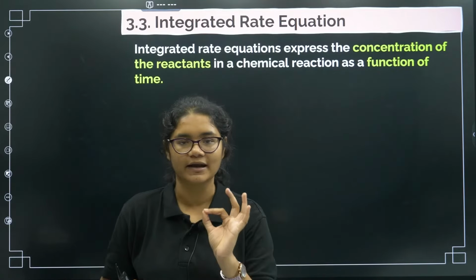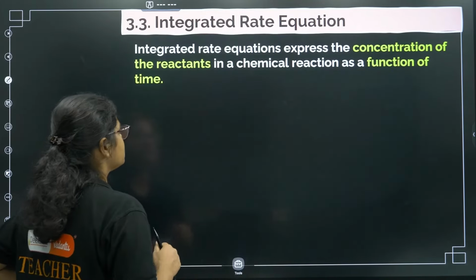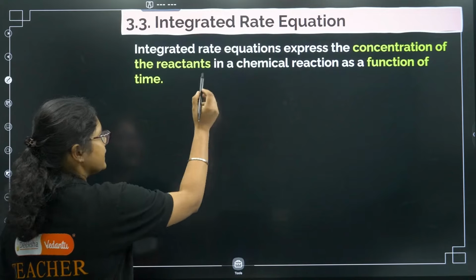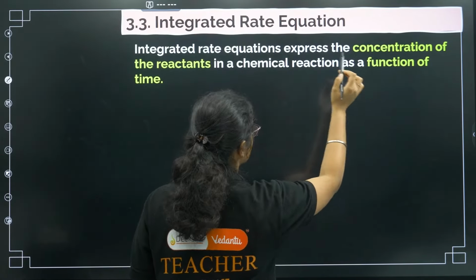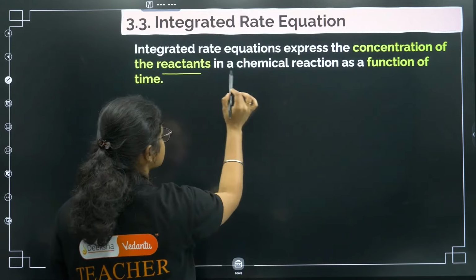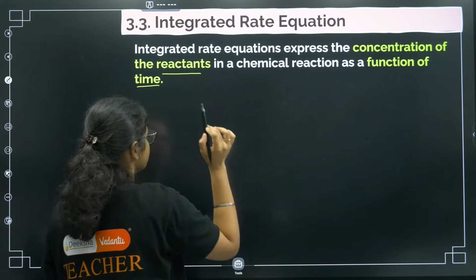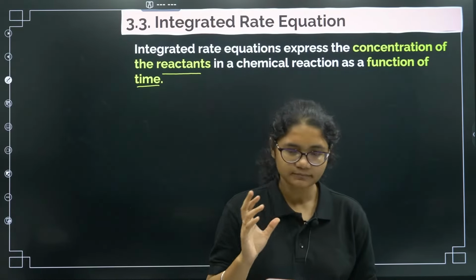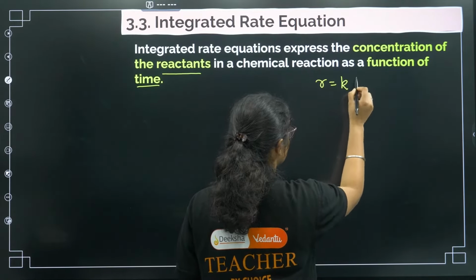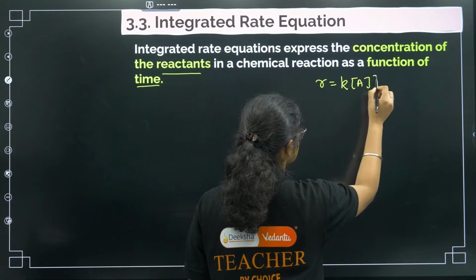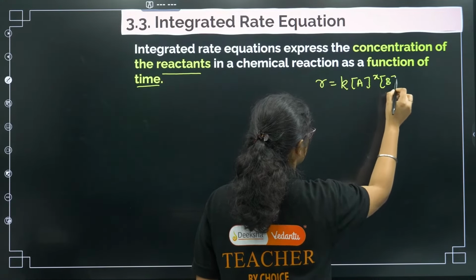Now what is the integrated rate equation? Integrated rate equations are expressions that express the concentration of the reactants in a chemical reaction as a function of time. If you see the rate law, R is equal to K into A to the power of X and B to the power of Y, right?